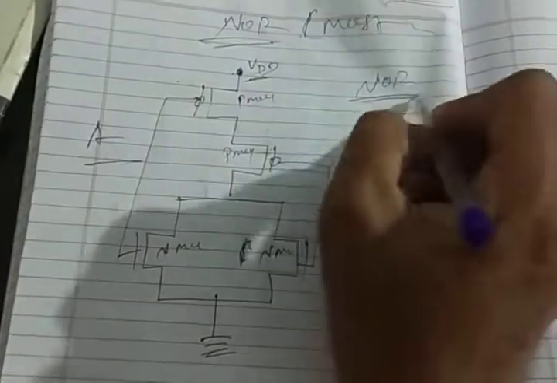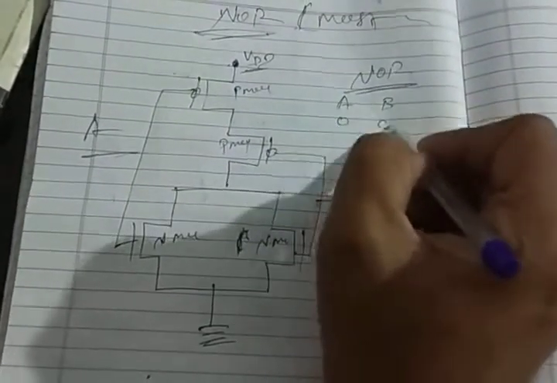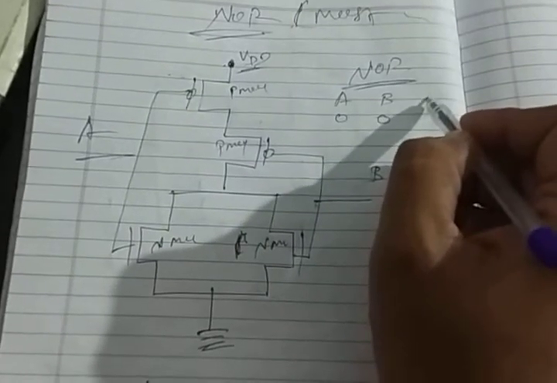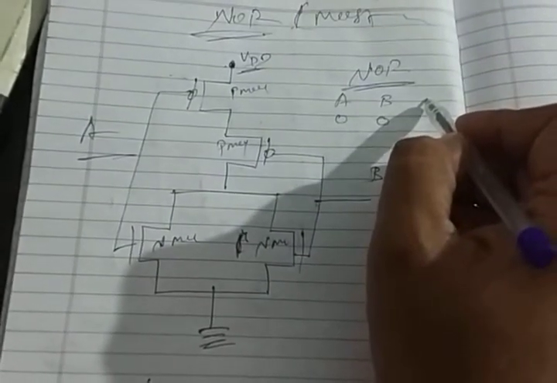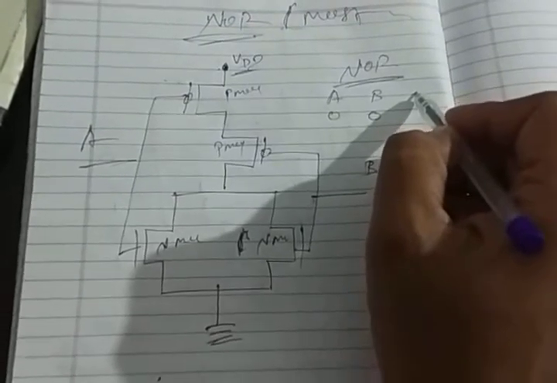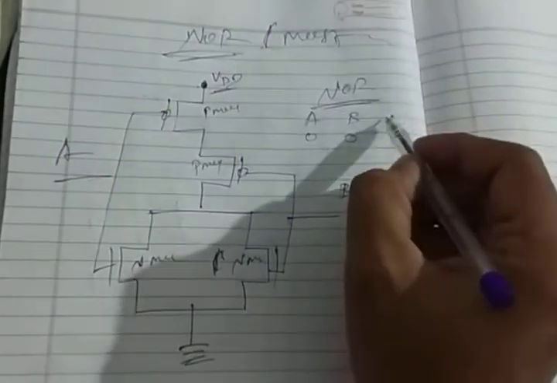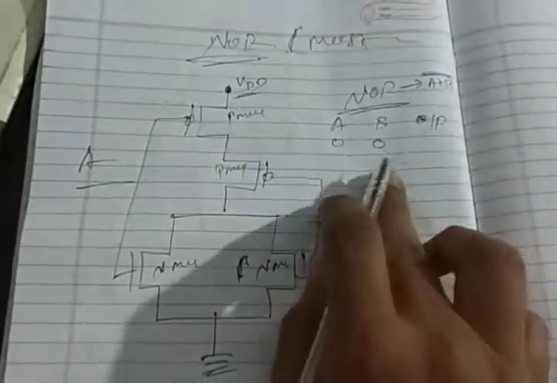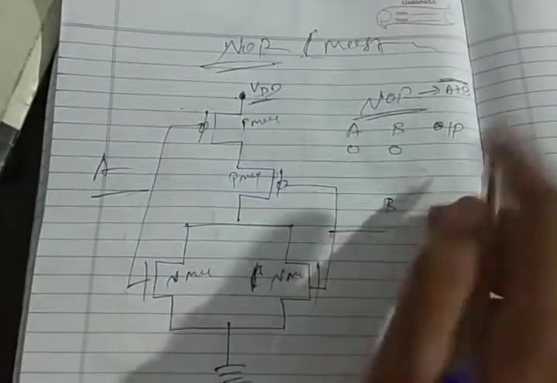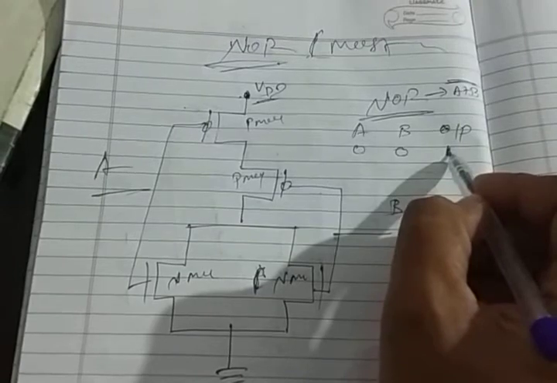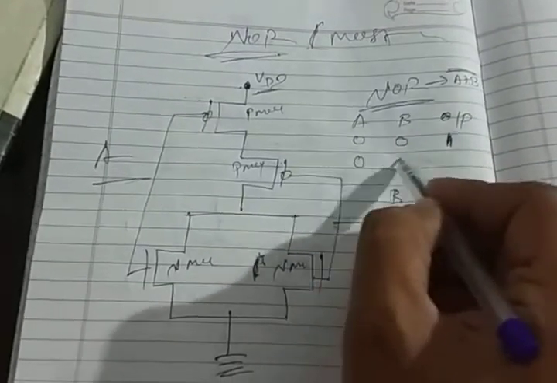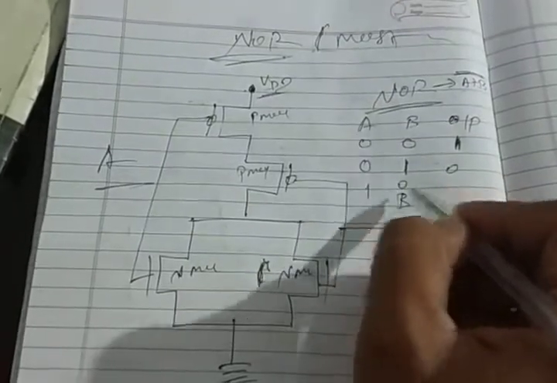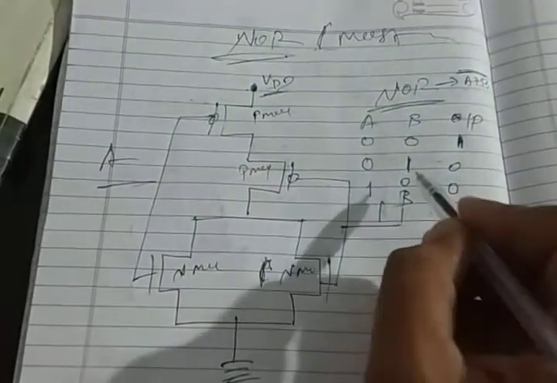The property of a NOR gate is: when you apply 0 0 here, then the output is 1. In case of a NOR gate, the output is (A+B) bar. 0 0 gives output 1, 0 1 gives output 0, 1 0 gives output 0, and 1 1 gives output 0.